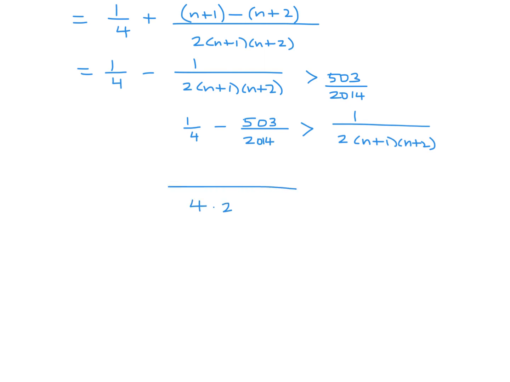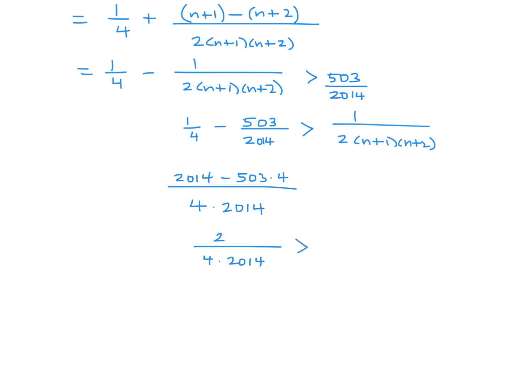4 times 2014. So this will be 2014. And this would be 503 times 4. So that's 2014 minus 2012, right? 4 times 503 is 2012, so that's 2. And then we have 4 times 2014.